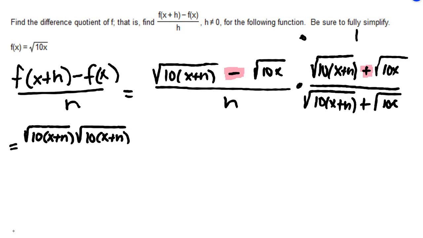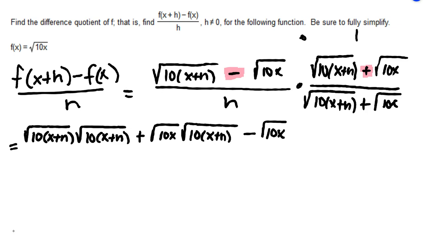Then I'll have a plus square root of 10x times square root of 10 times (x plus h). Then I'll have a minus square root of 10x times square root of 10 times (x plus h). Minus square root of 10x times square root of 10x.